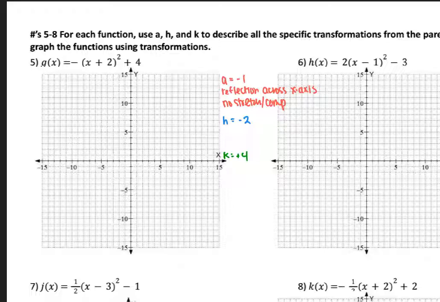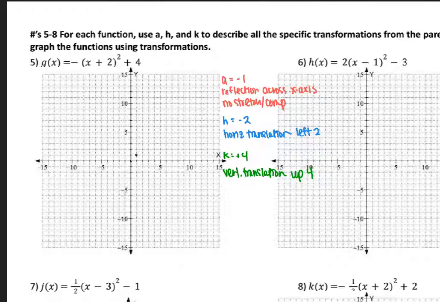Since H is -2, there's a horizontal translation, and since it's negative, we're going to go left 2. And then K gives us a vertical translation. Since it's positive, we're going to go up 4.